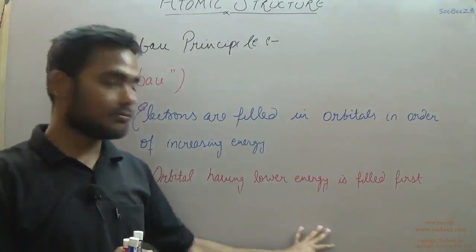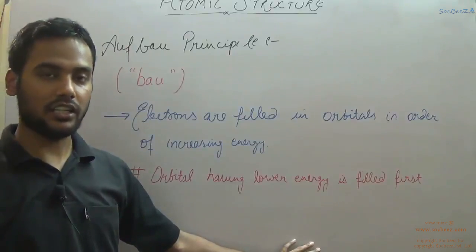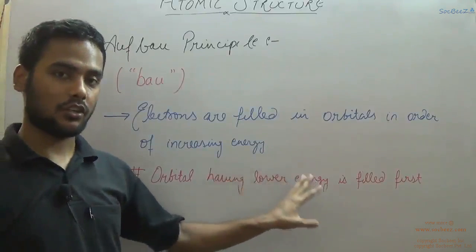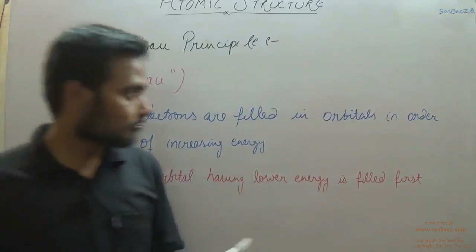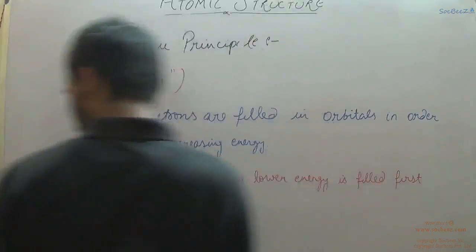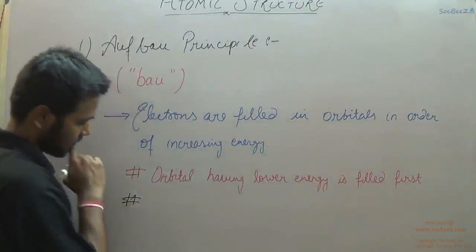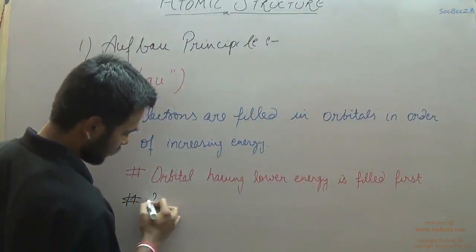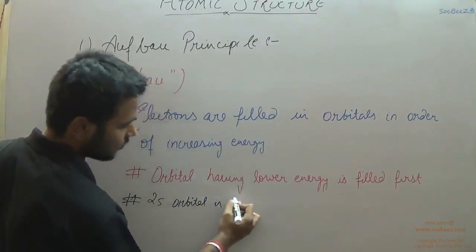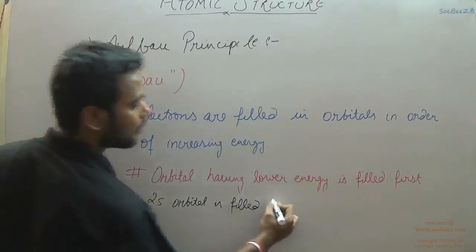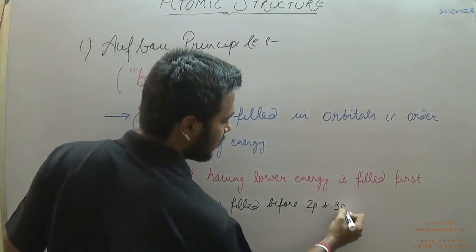And since the names 2s, 2p or 3d are just the names of the orbitals in order of energy, as an example, 2s orbital is filled before 2p and 3s.